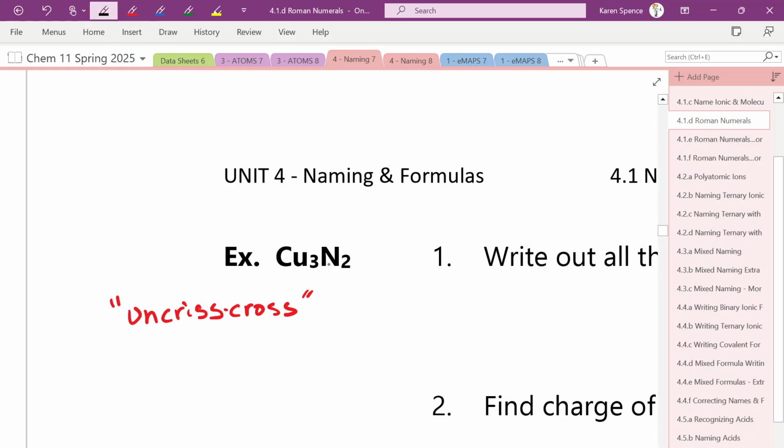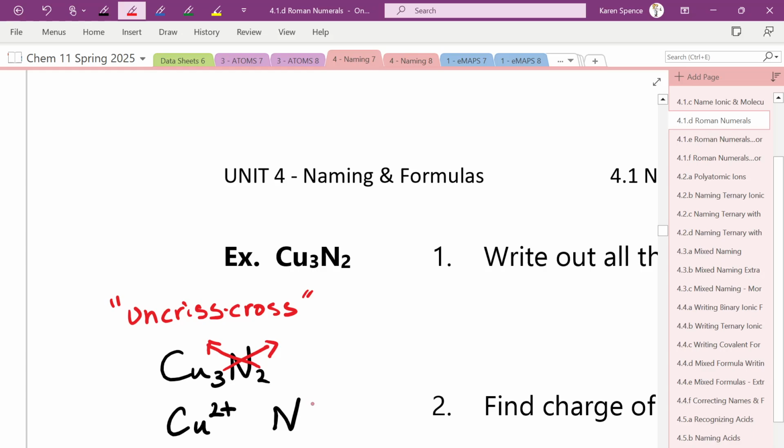So you take your Cu and your N, and you have a 3 and a 2. You remember how we could find the formula by crisscrossing? Well, we can now uncrisscross. So we're going to bring this 2 up here. So that's going to become Cu2+. And we're going to take the N and we're going to bring the 3 up there, and that's going to become 3-.